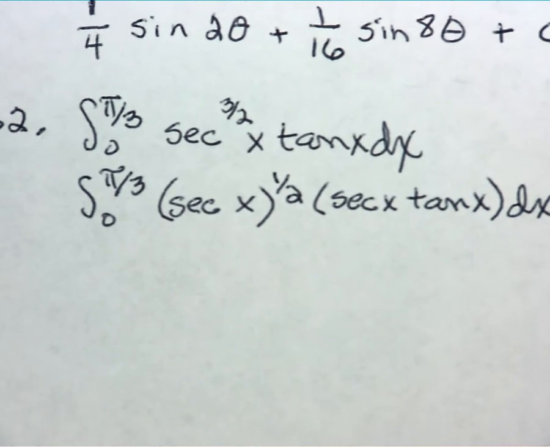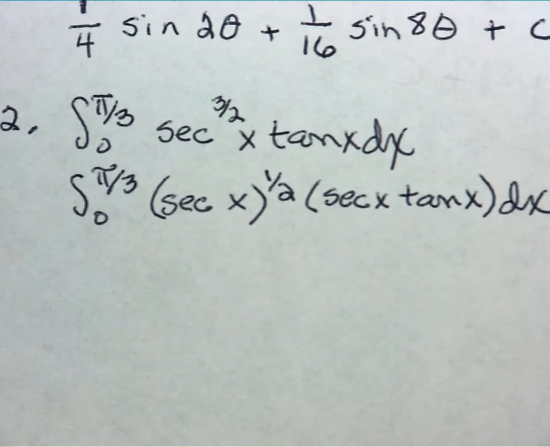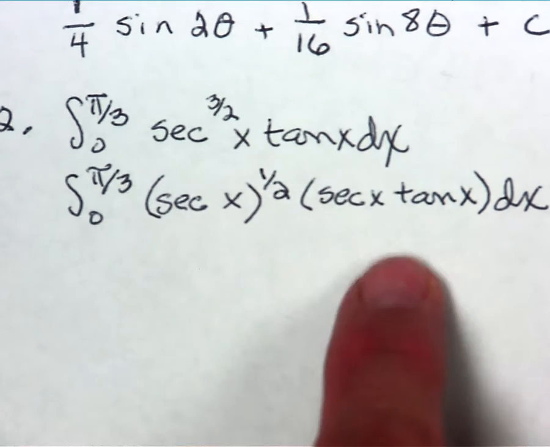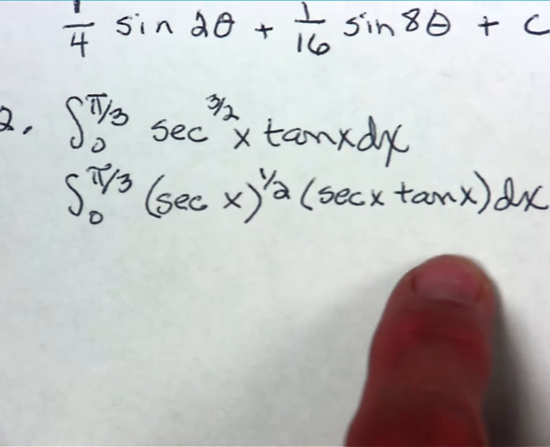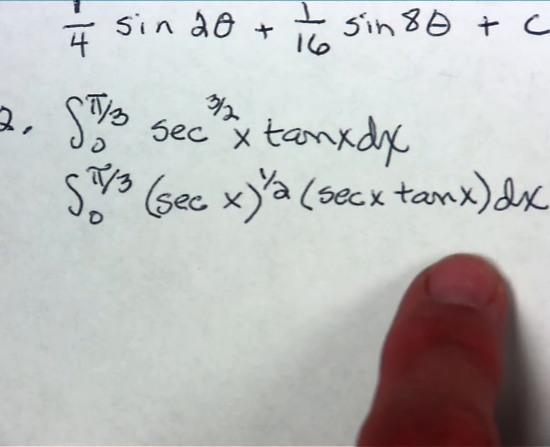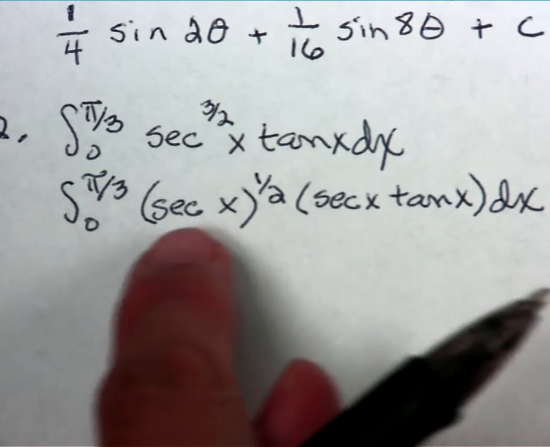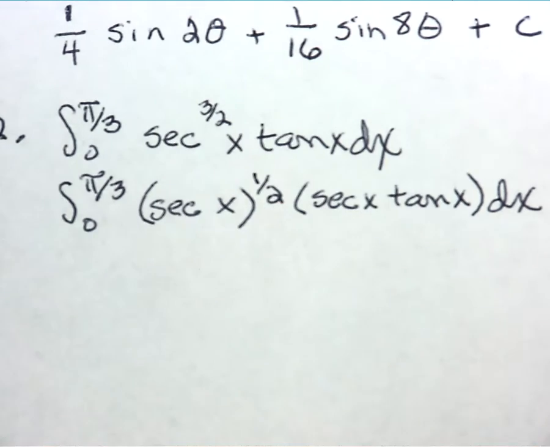Before I go any further, is that equivalent to the line above it? Yes. And do I have secant to a power with the derivative of secant right beside it? Yeah. This is just going to be a little bit ugly to evaluate. I am anti-differentiating. Ugly to the 1/2 is what?